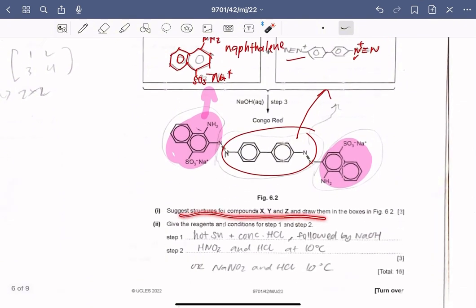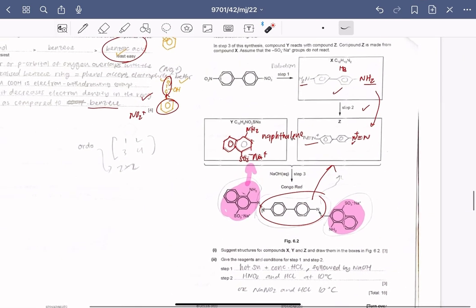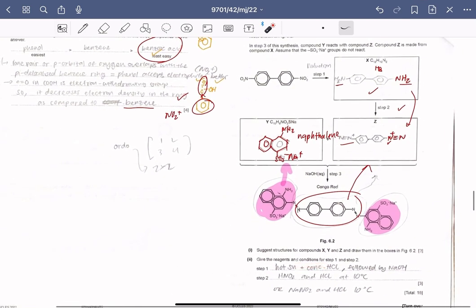Suggest structures for X, Y and Z and draw them in the boxes as I've shown here. Give the reagents and conditions for step 1 and step 2. For step 1, reduction: hot, with heat, plus concentrated HCl followed by NaOH.